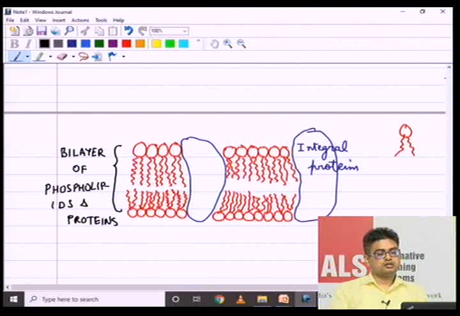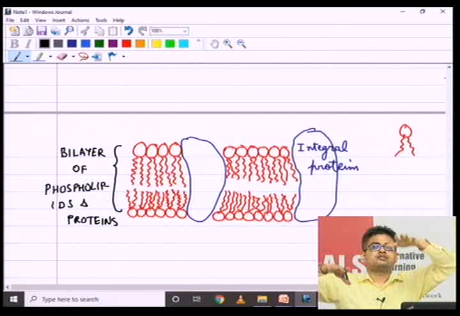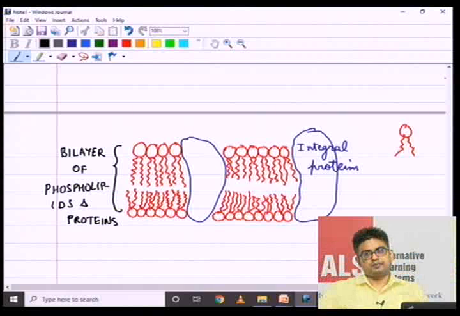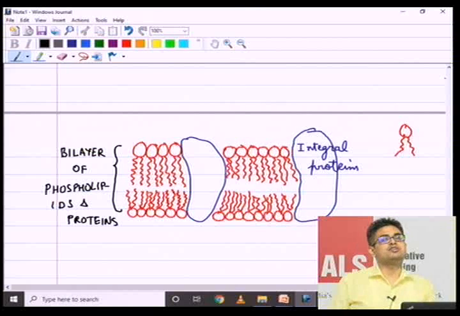Okay. So the hydrophilic head faces outwards, the hydrophobic tail faces inwards. And all the structure is quite fluid. It can easily change its shape, because it's a sea of lipids, and these lipids are very loosely arranged with respect to each other, so it's also quite fluid, and it is selectively permeable.